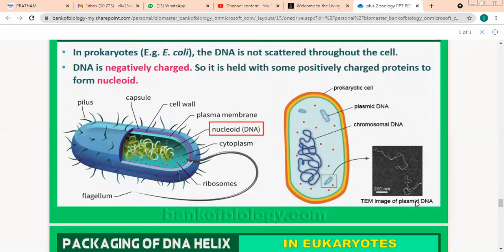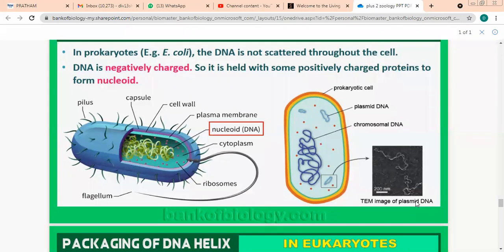The histone octamer has a positive charge, and the negatively charged DNA is wrapped around it. This structure is known as the nucleosome. I hope you all know the difference between nucleoid and nucleosome.